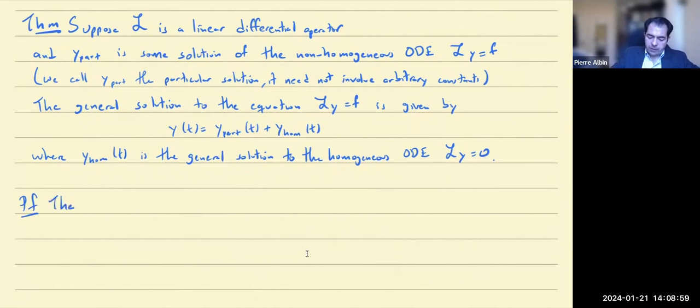Okay. So the operator notation makes this proof easy to write down.